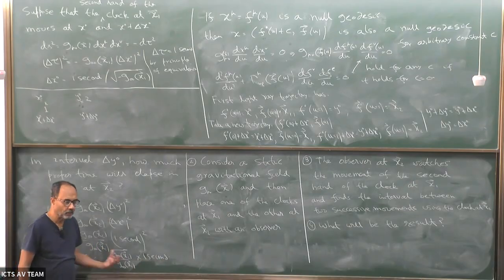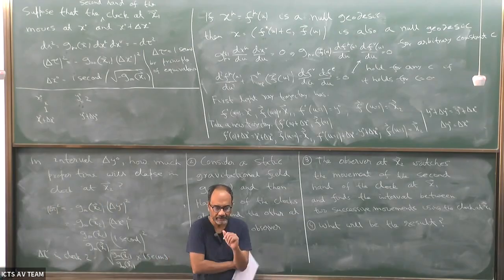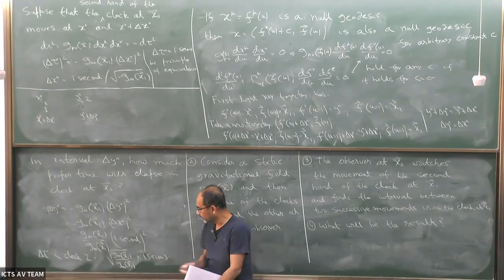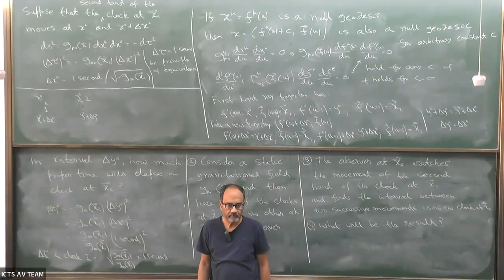It will look like from position 2 that the clock at 1 is either running slower or faster, depending on whether the ratio is larger than 1 or smaller than 1. Is this clear?